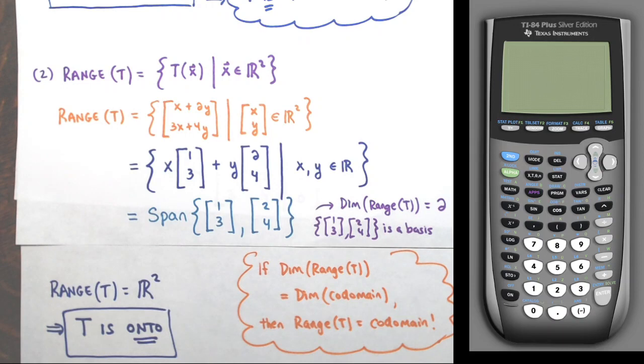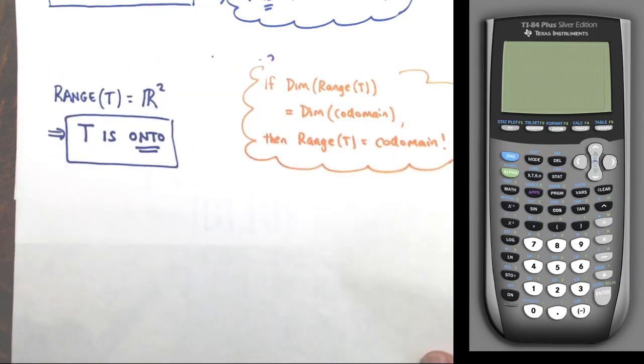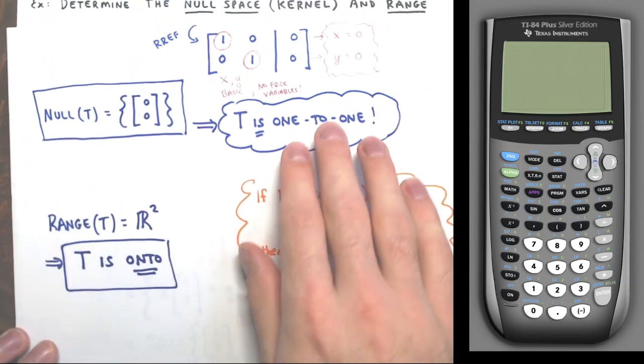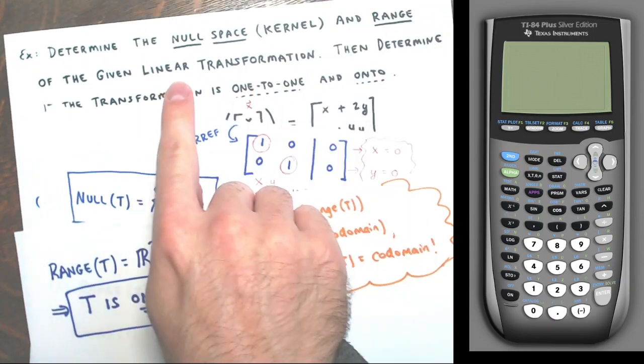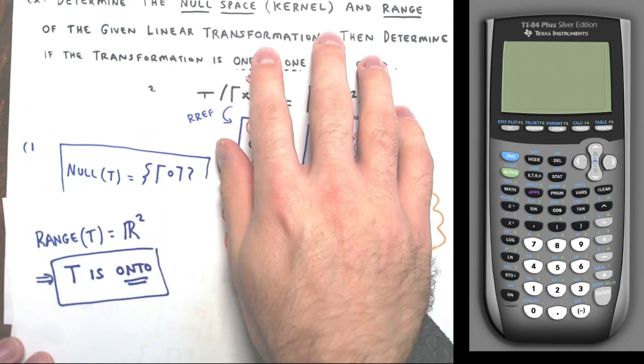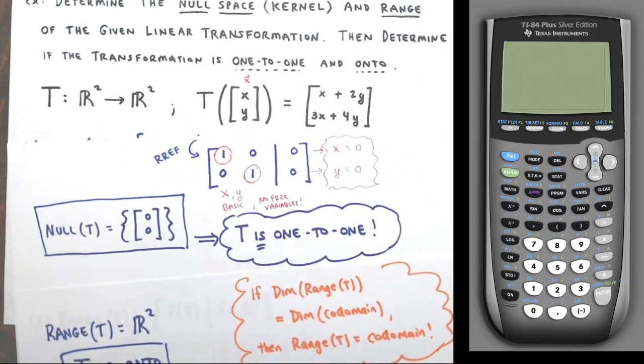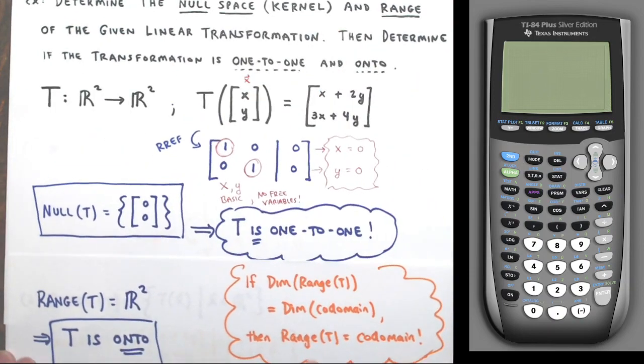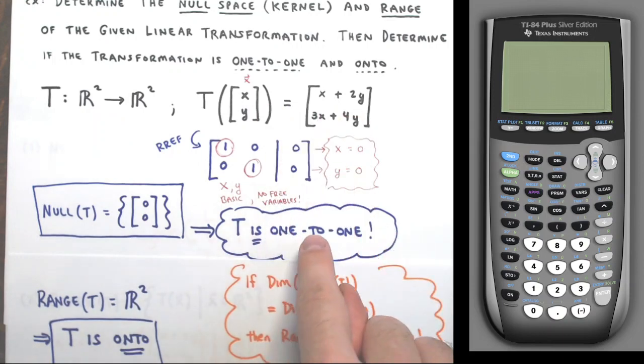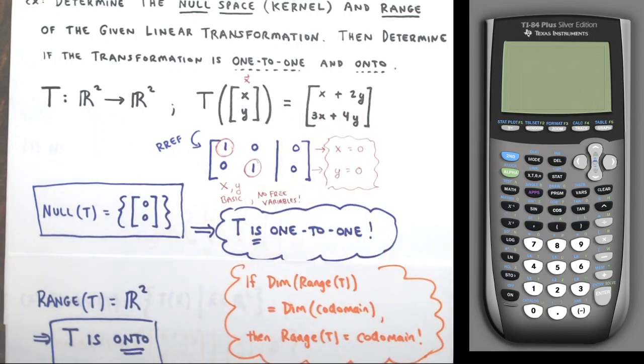Wonderful. So now on top of this, we went through this example here. We said this is a linear transformation, and we're seeing that it's a linear transformation that is both one-to-one and onto.